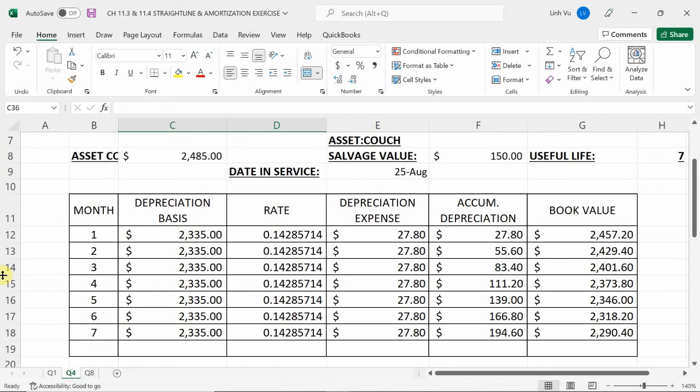So in this case, how much is it for a whole year? It'd be 333.57 for the whole year. I only need 4 out of 12 months. How do I figure out what 4 out of 12 months is going to give me?